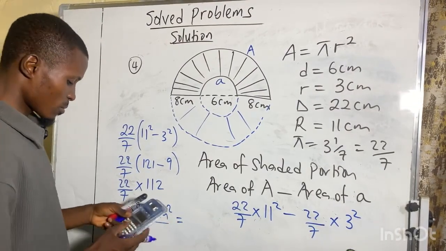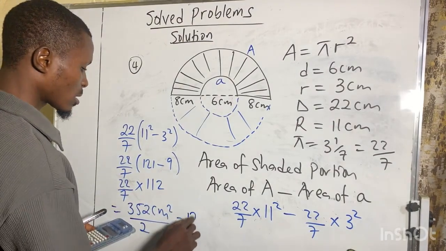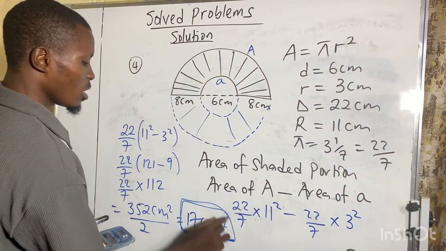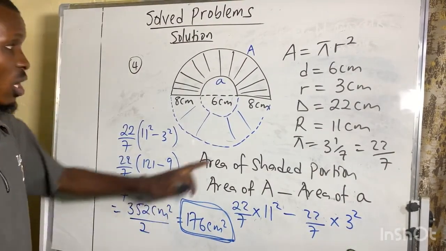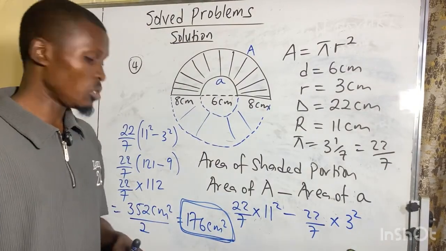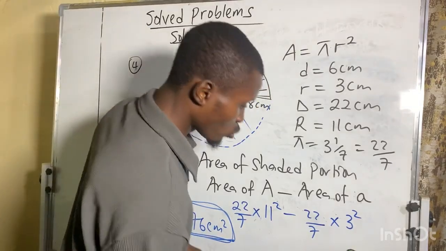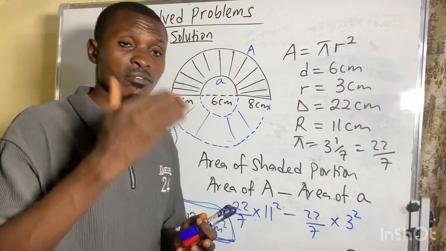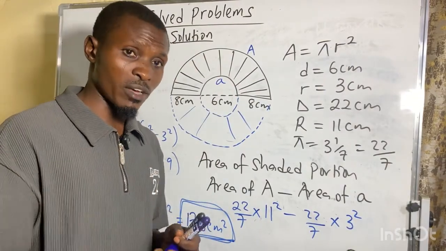That will give us 176 centimeter square, which gives us the area of the shaded portion. So divide by 2 to give us the semicircle. All right, that is it for number 4. Now go to the last question for this part of the lesson. We are taking five questions at a time. In our next video, we take another set of 5 questions.